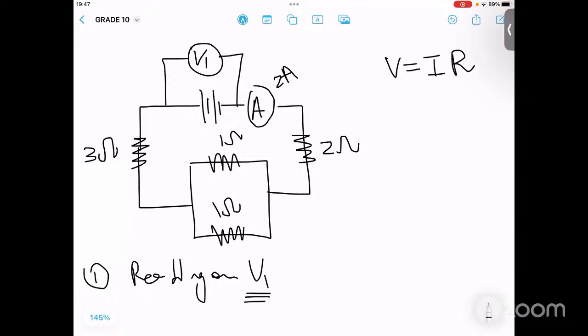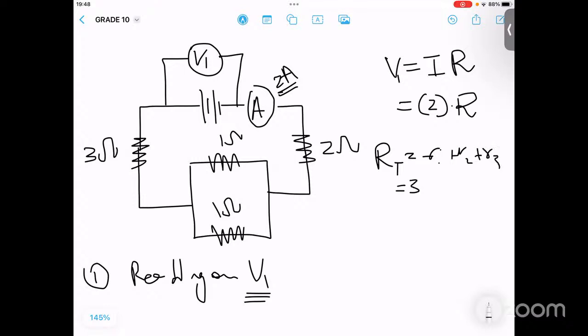So we have our I, which is 2, multiplied by R, which we don't know as yet. But we know the formula to calculate that R, because R total will be R1 plus R2 plus R3. So you have your 3, plus R parallel, plus 2.